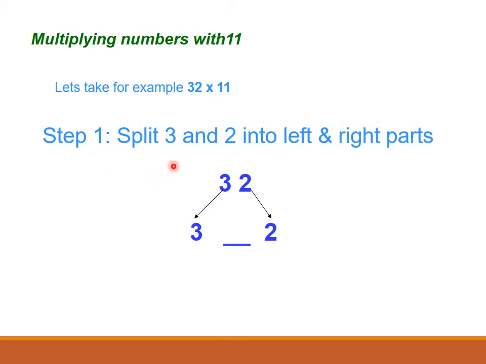First, split 32 into 3 and 2, the left and right parts. So this 3 is the left part and 2 is the right part. And then in between, leave a blank. Let's see what you will fill in this blank.